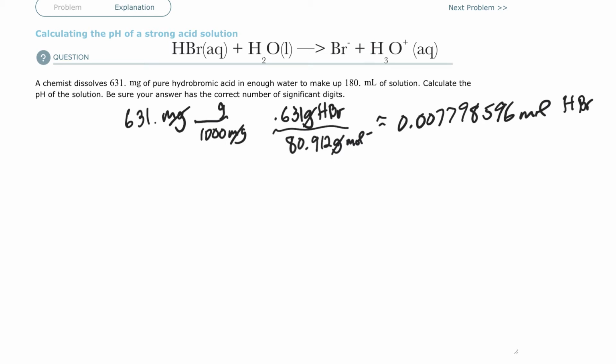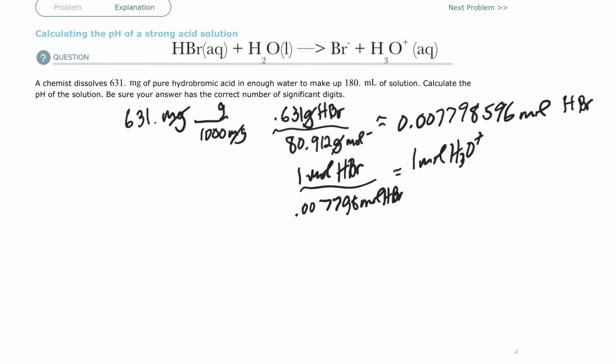So I'm just going to recopy it here. 1 mole of HBr is to 0.007798 moles of HBr as 1 mole of H3O+ is to the same 0.007798 moles of H3O+.